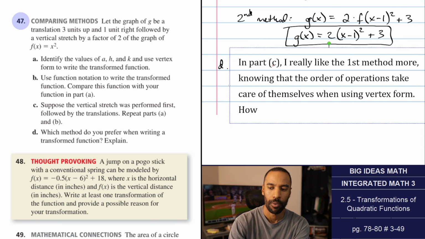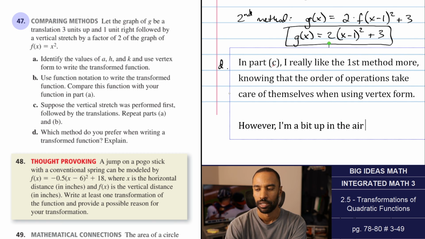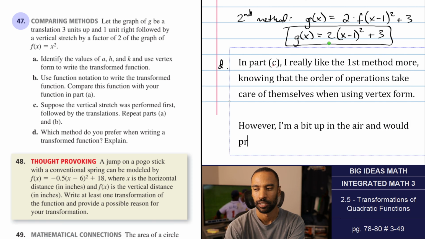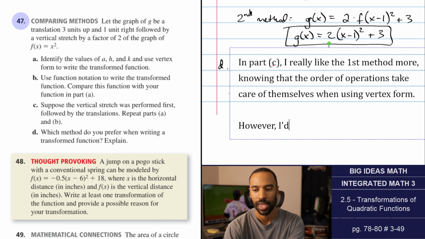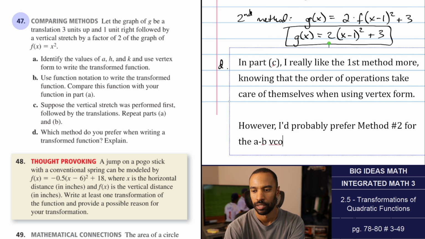However, I'm a bit up in the air. I'd probably prefer, and we saw this in an example actually, method number 2 for the A-B comparison, to avoid any order of operation mistakes.